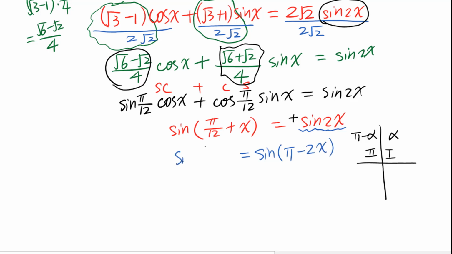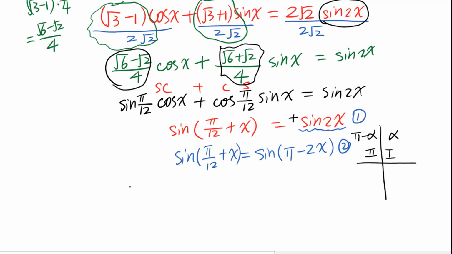We get these two equations. Sine of pi over 12 plus x equals sine 2x. This is the first equation. Second equation, you will get sine of pi over 12 plus x equals sine of pi minus 2x.